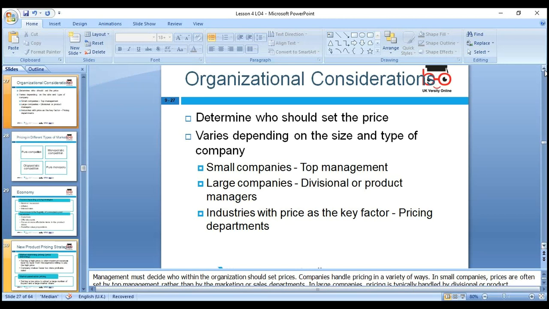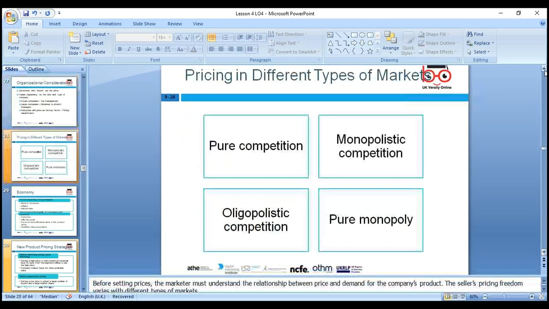Their managers set the price, because there is not one price throughout the world; that's very difficult, because currencies, exchange rates and other things are different. People have different purchasing power. So pricing is different. We can look at pure competition based on these things. In competition, any company can come and go.